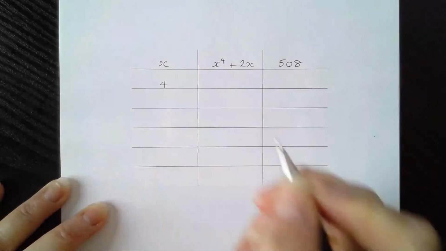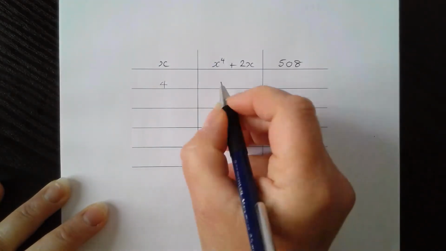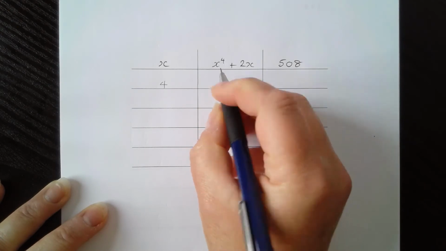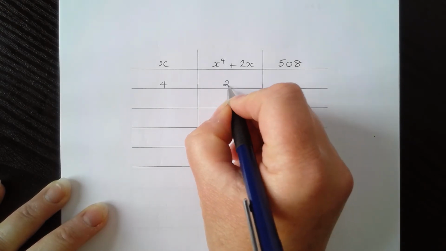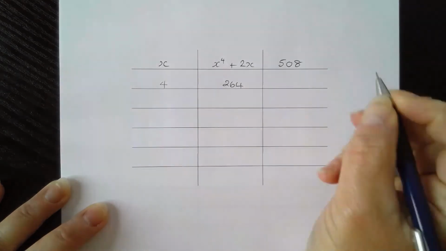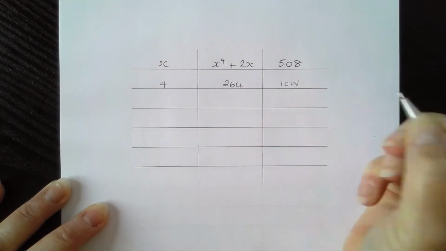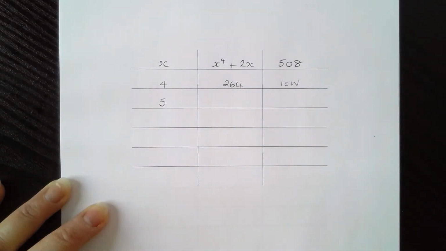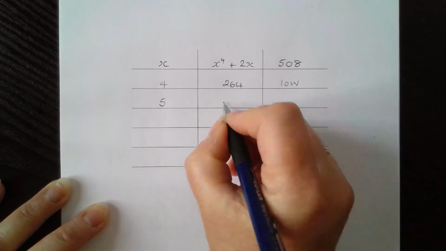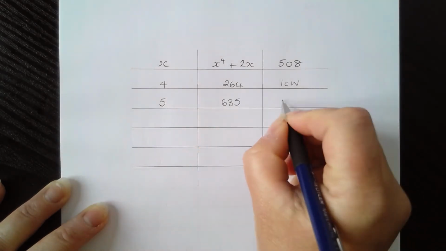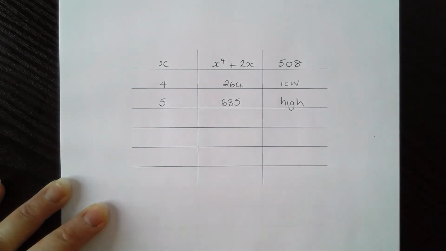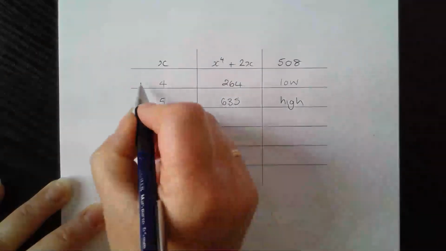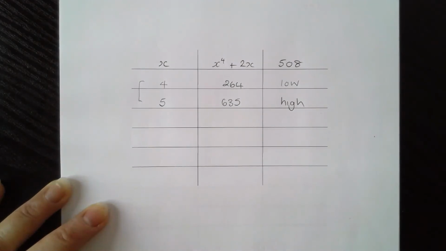So I'm going to choose x is 4, x to the power of 4 plus 2x is equal to 264, which is too low. So I choose x as 5, 5 to the power of 4 plus 2 lots of 5 is 635, which is too high. So I've now got my consecutive whole numbers. I know I'm looking for values of x between 4 and 5.